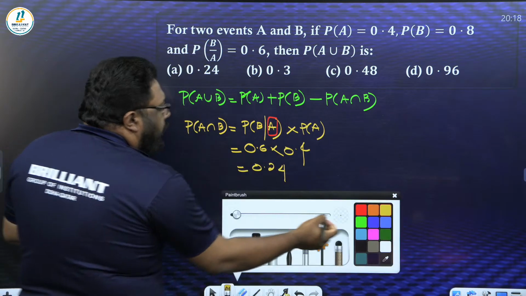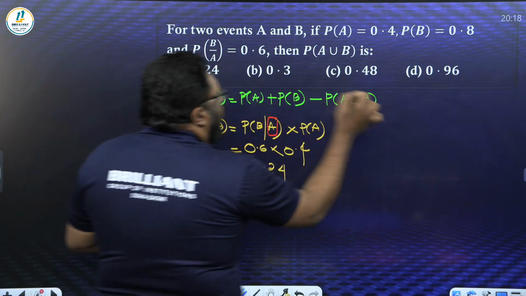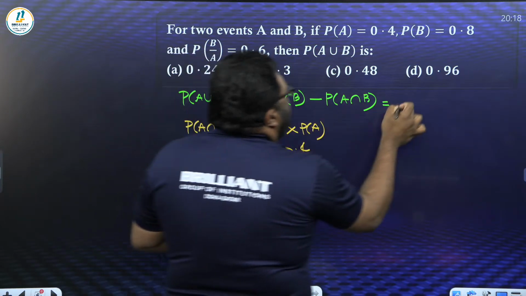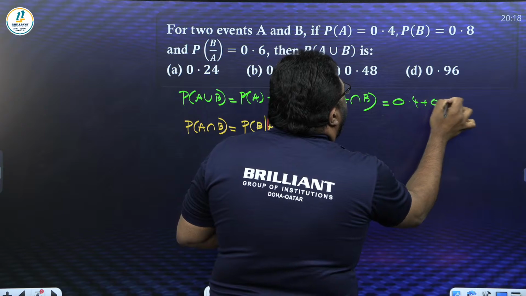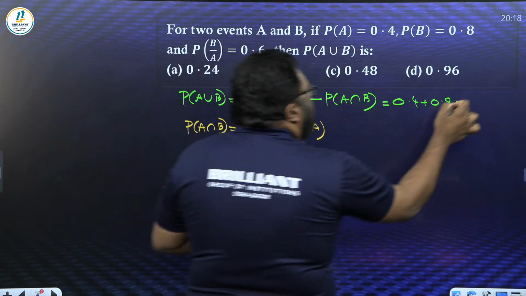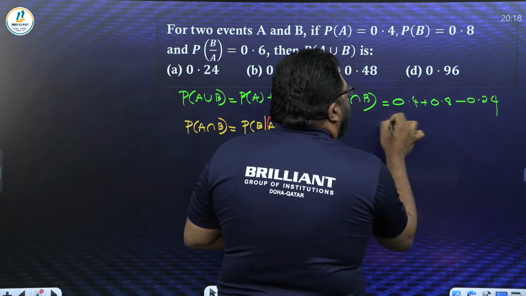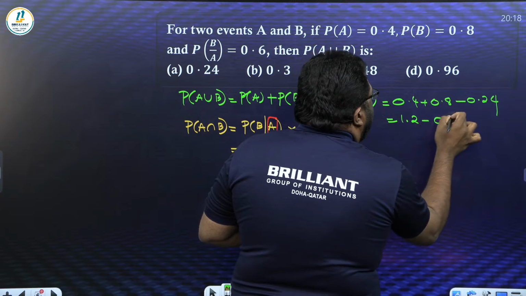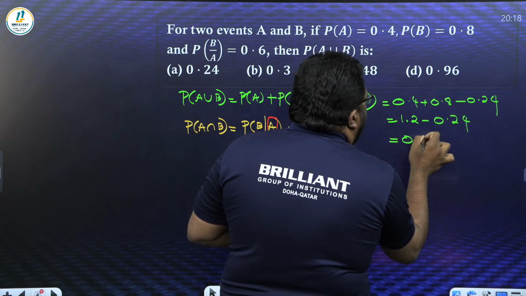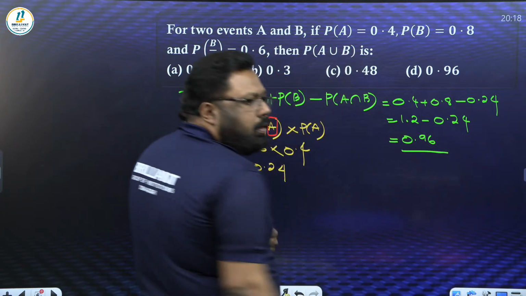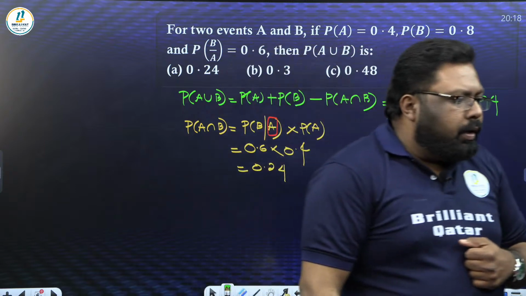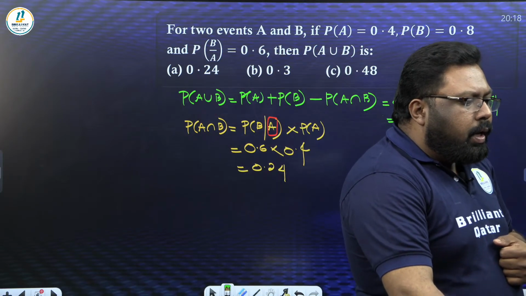Now use it in the formula for A union B. So A union B is equal to P of A 0.4 plus P of B 0.8 minus 0.24. So the answer is 1.2 minus 0.24, answer 0.96. Yes, very good. Shiny, yes, thank you.